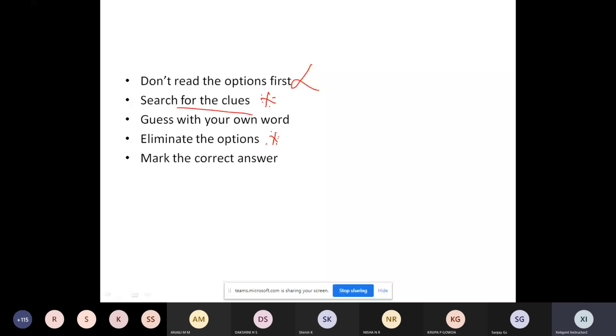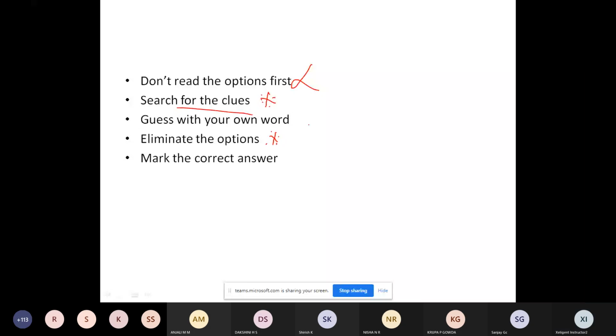Even if you take quantitative topics, you need to eliminate the options to get the correct answer. Mark the correct answer. This is another instruction, and you can consider this the final step. So these are the general instructions. Let's understand each and every instruction one by one through the questions which I have put up in this slide.